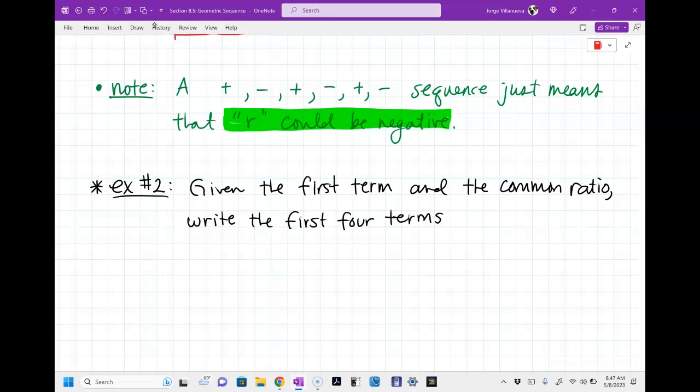Oops, I forgot to put one thing here. And the explicit formula.